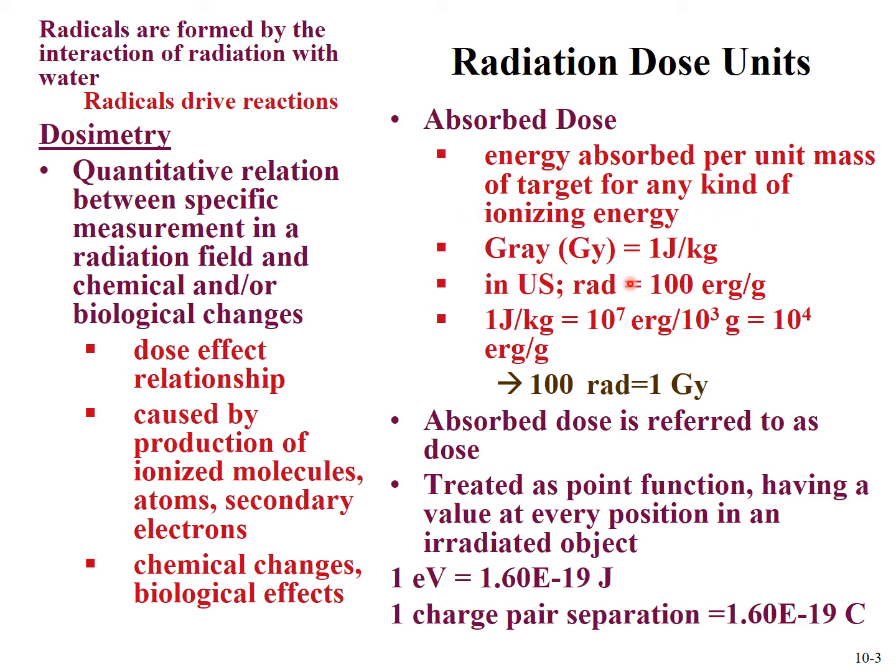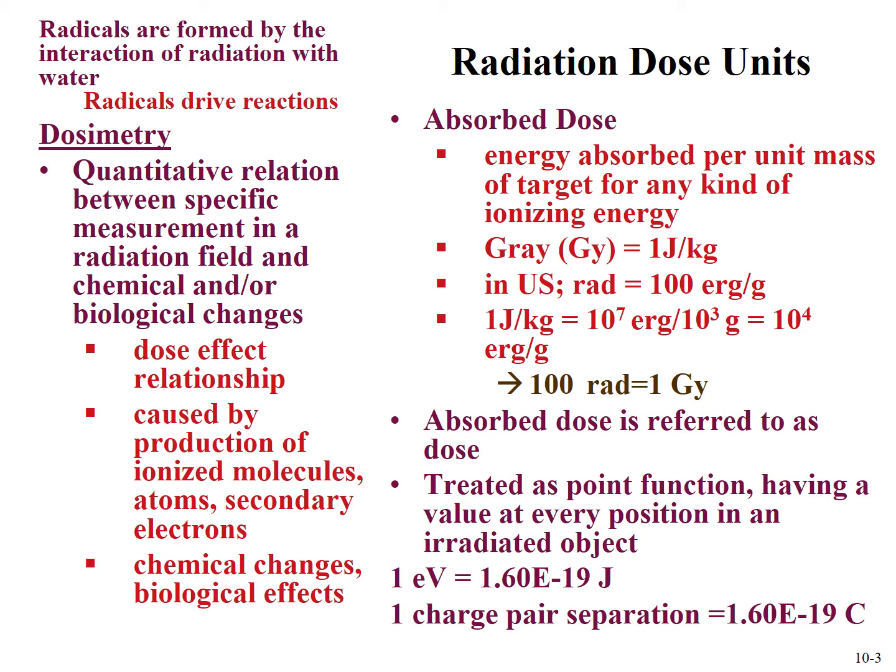The gray is 1 joule per kilogram. In the United States, we use the rad, where the rad is 100 ergs per gram, and it works out that 1 gray is equal to 100 rad. So for radiation dose units, we're going to have this 2 orders of magnitude difference between, say, SI units and what we use in the United States.